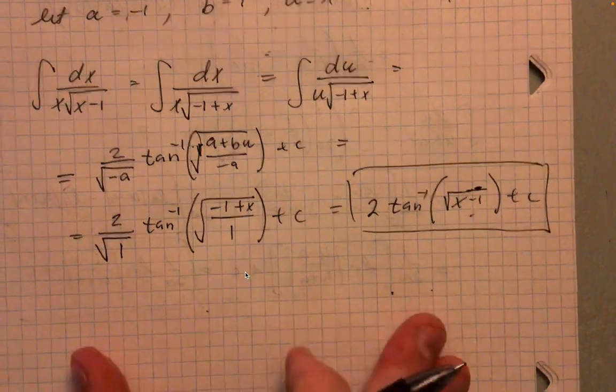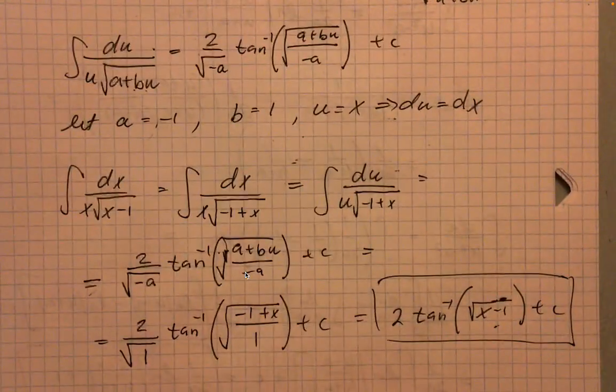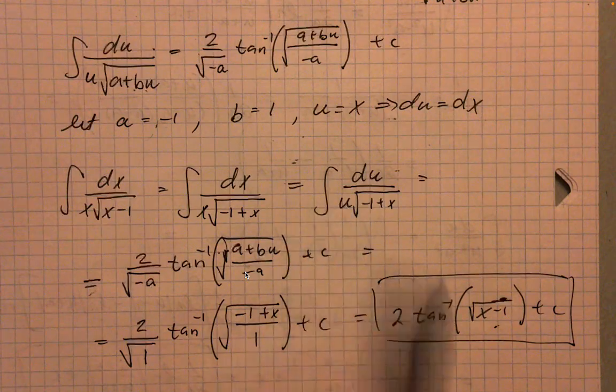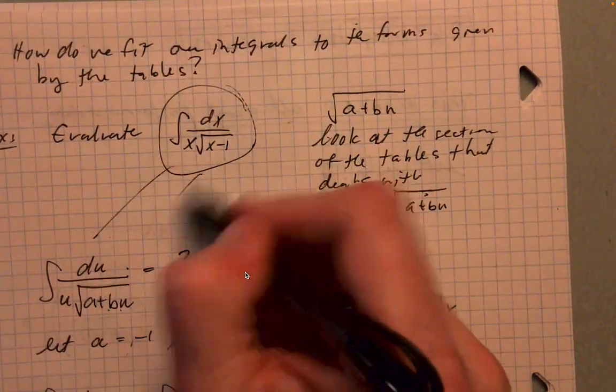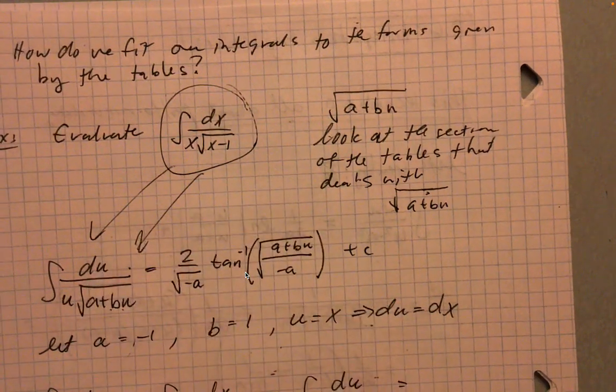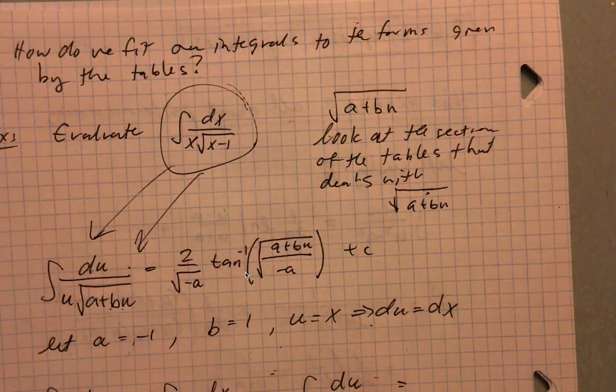So as you can see, the whole method here is literally concerned with taking the given integral and mapping it onto a form that's been identified in the integration tables. Excellent. Let's try another one.